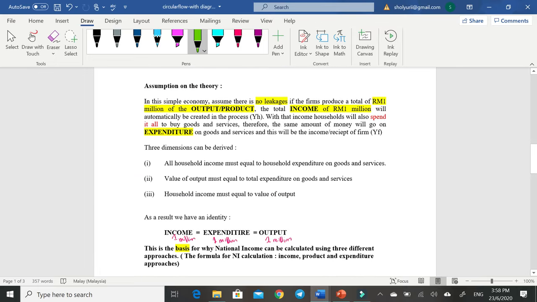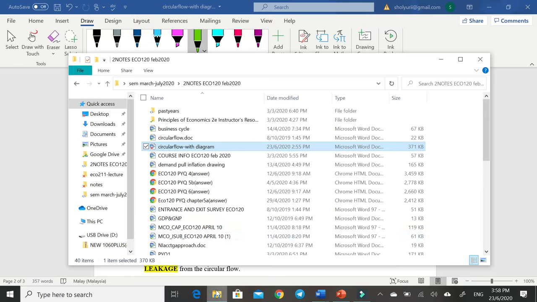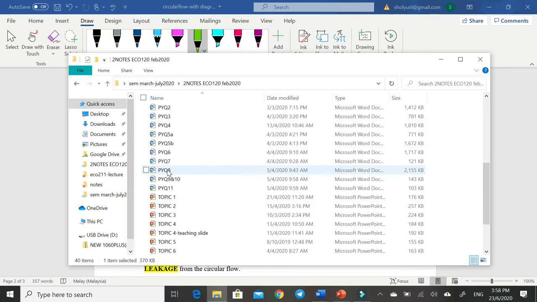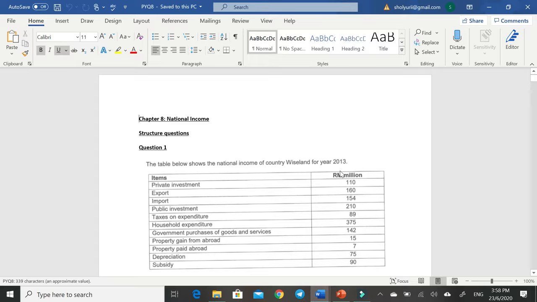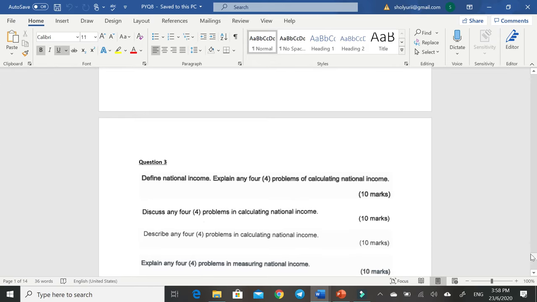Tapi before I stop the teaching video, kita tengok bentuk soalan dia dulu. Biasanya circular flow dia akan keluar soalan AC. Okay, soalan AC belah bawah lah kan.